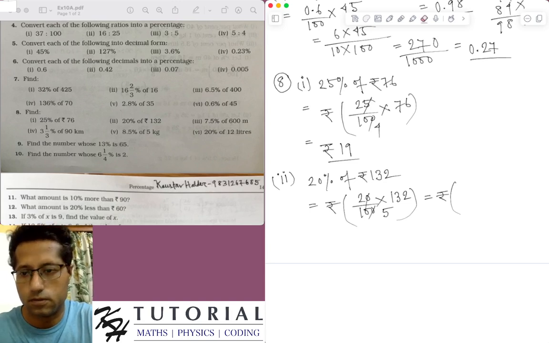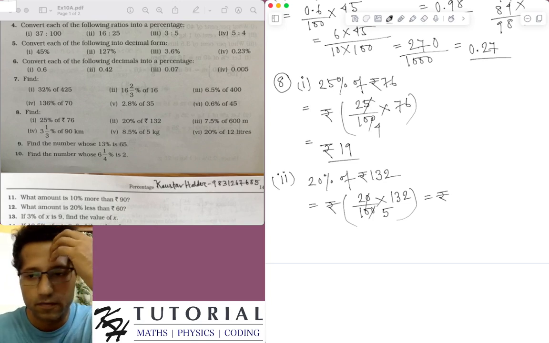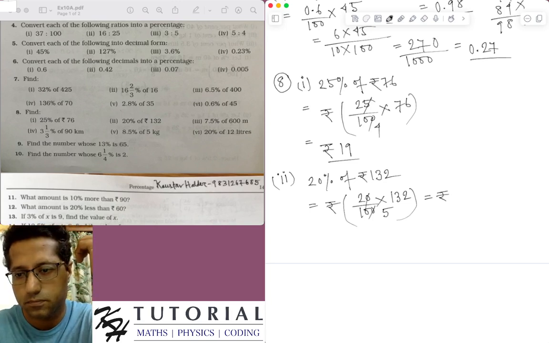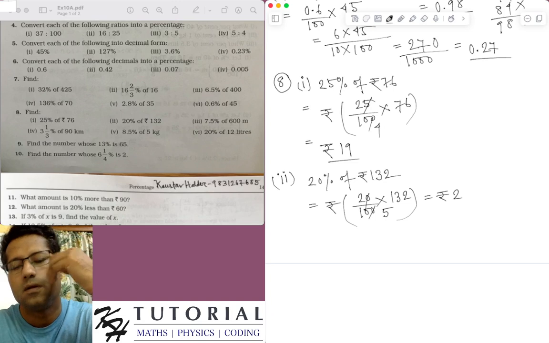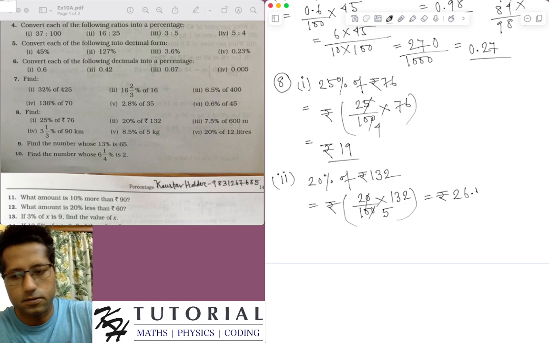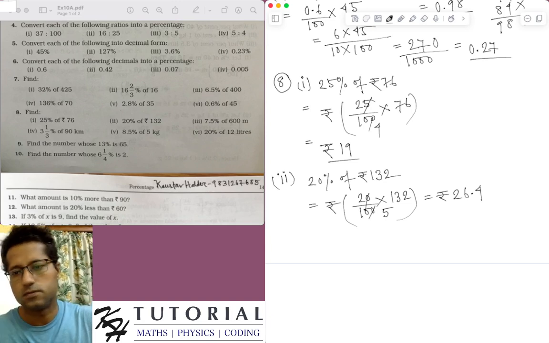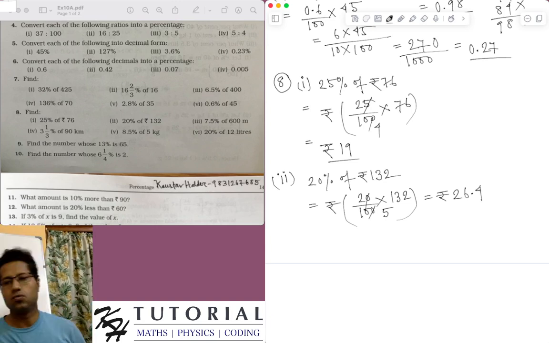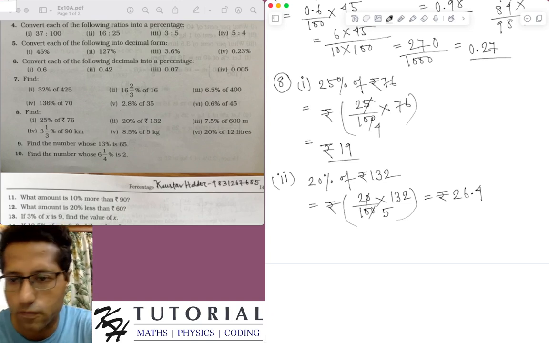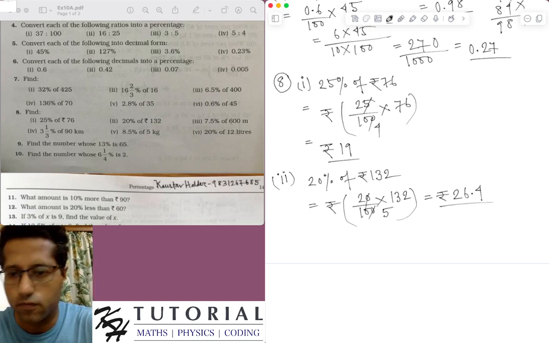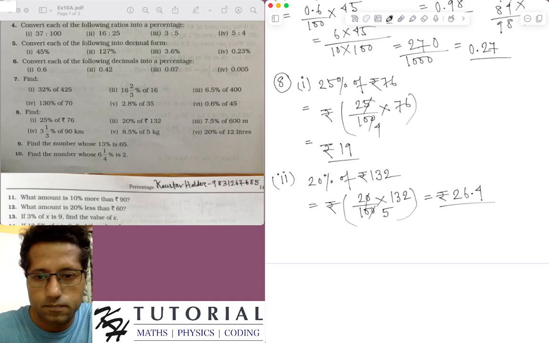Okay, so 132 by 5. This is 26.4. Yes, 26.4 rupees. Okay.